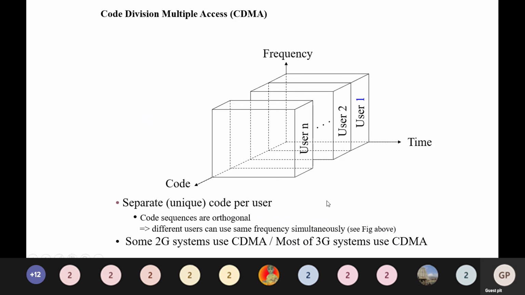Different users can use the same frequency simultaneously. Each user is allocated a specific pseudo random code. Some 2G systems and some 3G systems use CDMA techniques.